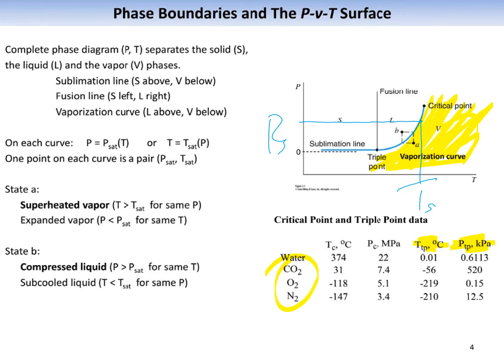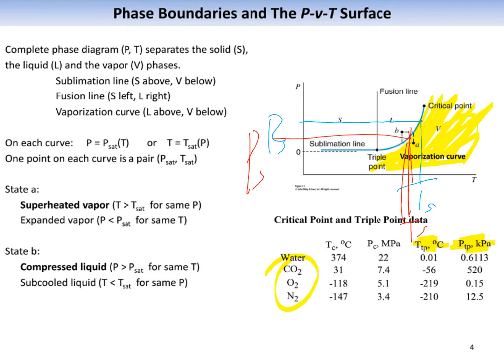If we have our system at this temperature and this pressure, PS in red color and TS in red color, if we have controlled temperature at T saturation, that is shown in the red color.